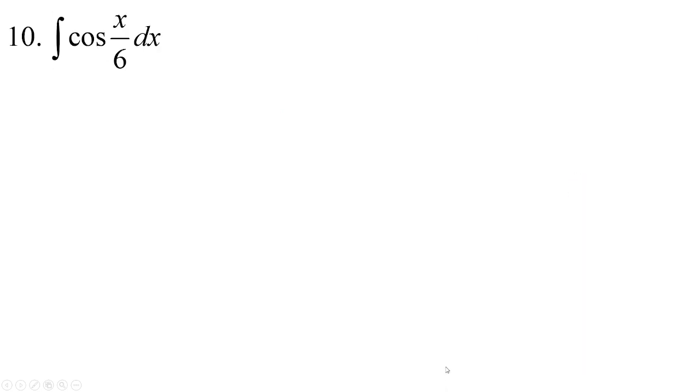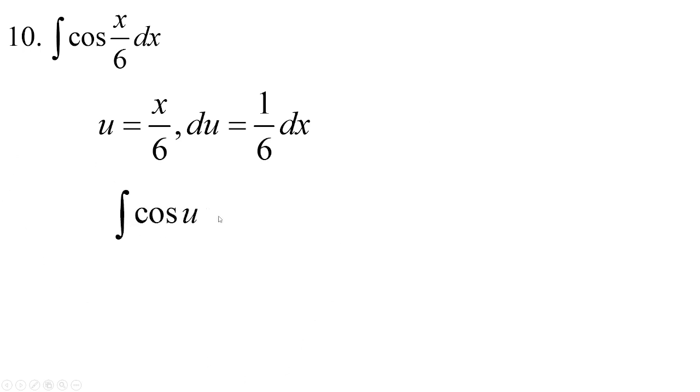There you go. All right, now another substitution, but this time the u is going to be x over 6, which makes our differential of u 1/6 dx. Okay, let's do it. So I've got cosine of my u. I've got my differential of u, which gives me the differential of x, but that extra factor of 1 over 6 that I've got to undo with a 6.